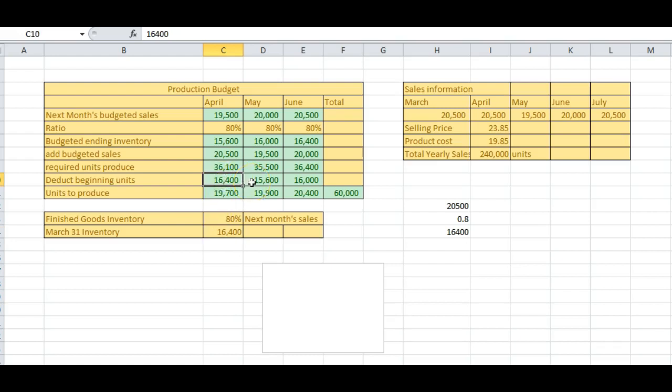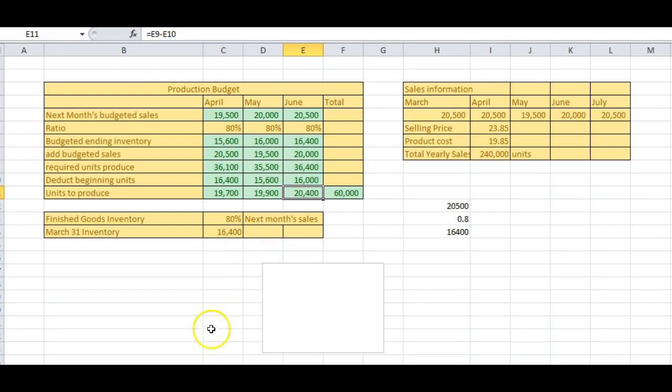You do the same thing right here, 15,600 from here, and 16,000 from here. So this means the units to produce are 19,700, 19,900, and 20,400 for the second quarter.